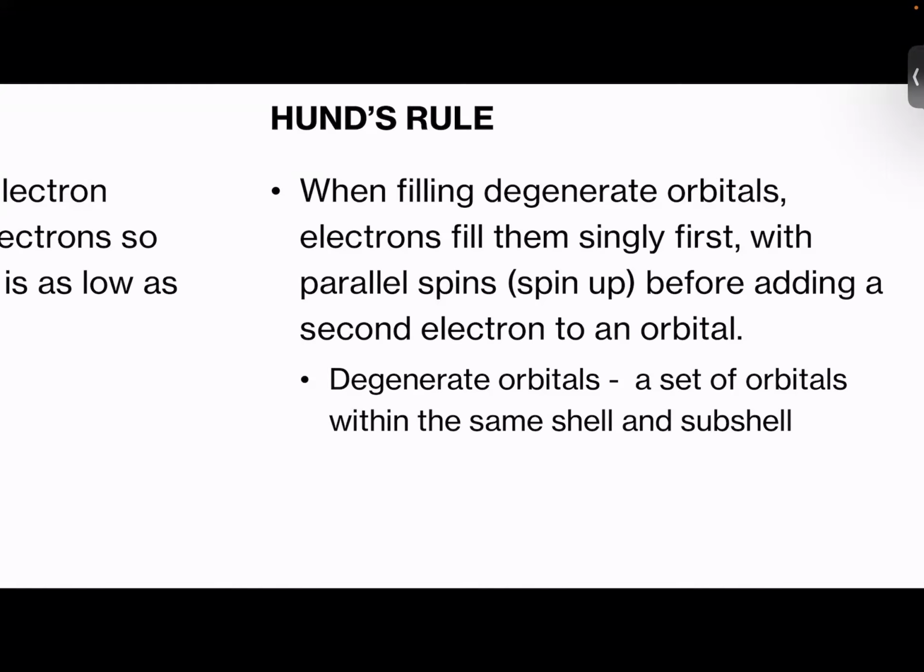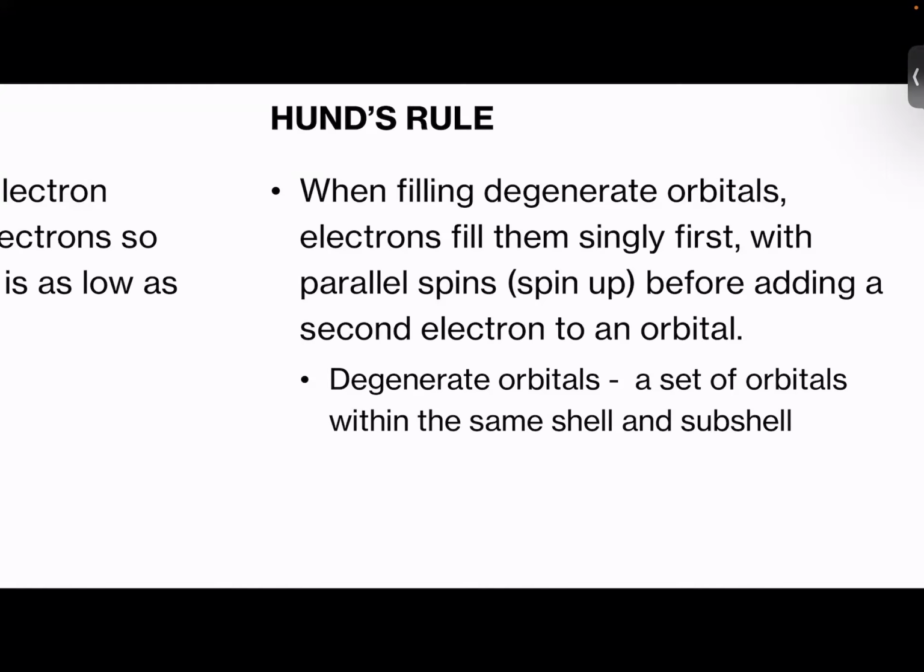If it is a p subshell, l is equal to 1, m sub l is equal to -1, 0, and 1. It has 3 orbitals, therefore those 3 orbitals are degenerate orbitals. So we would put 1 electron in each orbital spin up before pairing.